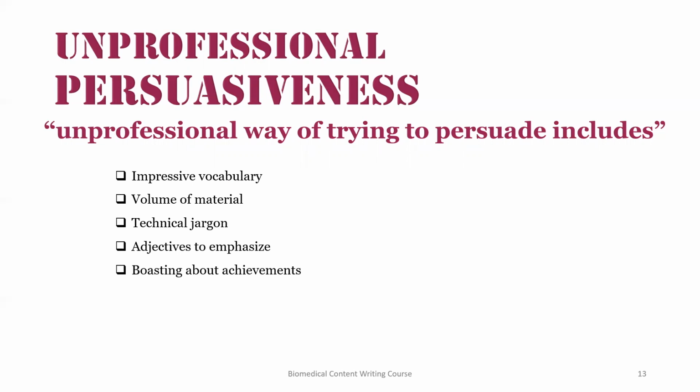The second is the volume of material, meaning the more you write, the more impressive it will be. It is never like that. The fewer the words, the more you can impress the reader. Third is technical jargon, because not everybody is familiar with it. So adding jargon will never make your writing more persuasive.